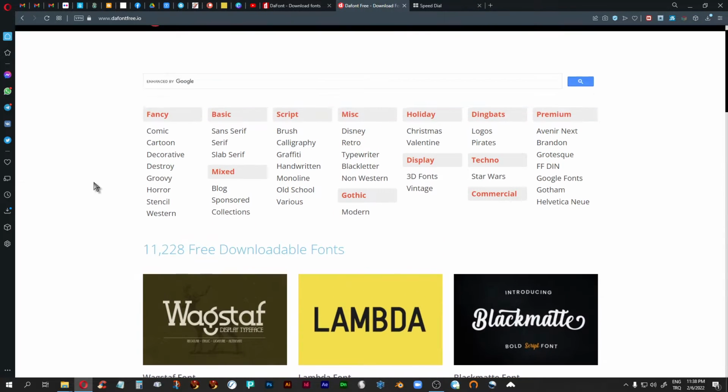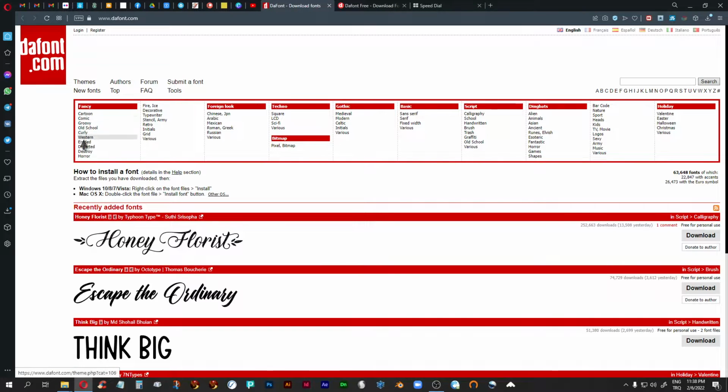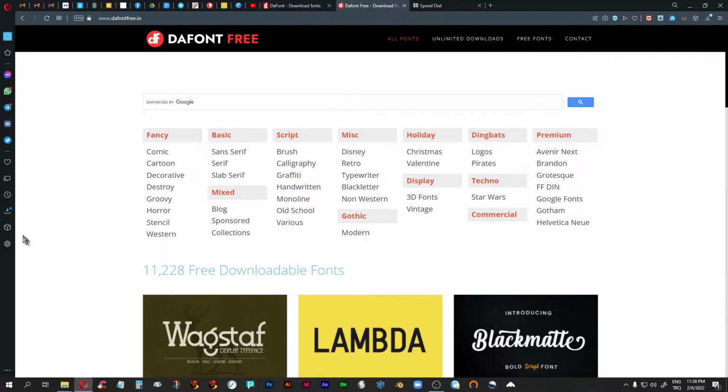Now, when you go to the top here, there's a menu, and that menu also used to exist, or still does exist, on the old Da Font website as well. In fact, the one on the old Da Font website is much more detailed if you want to look at that one also. But basically, let's just click on a few things, like comics, for example.